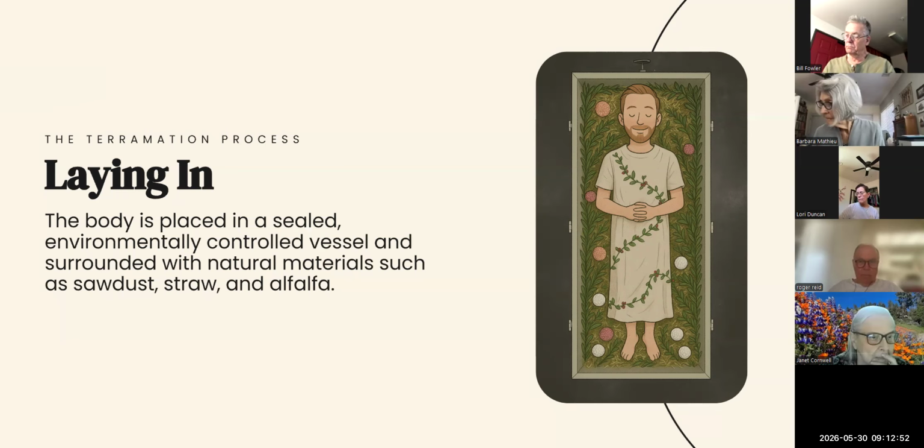The reason that we use those three organics is the alfalfa is rich in nitrogen, and that acts like an energy source. Think of it like your cup of coffee in the morning. It kind of helps get things going. It's simply just an energy source for the microbes in our body, which is what facilitates us returning back to the earth. The straw helps with insulation, as temperature is a very important factor in any type of composting, and we're no different there.